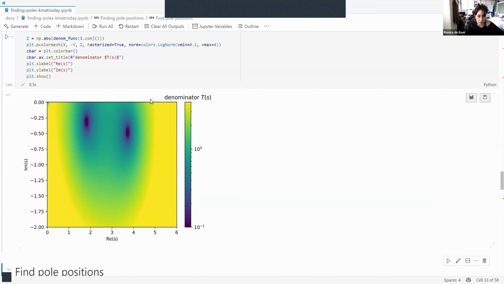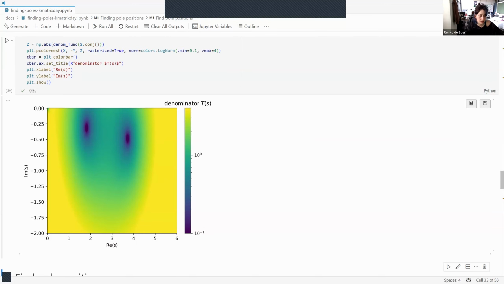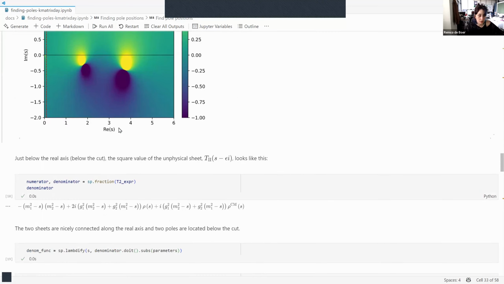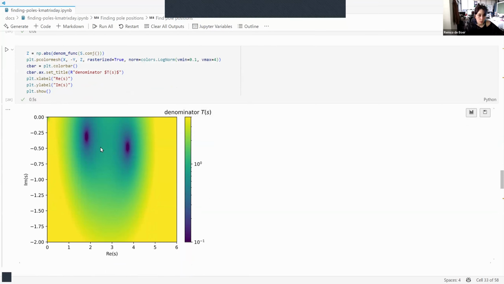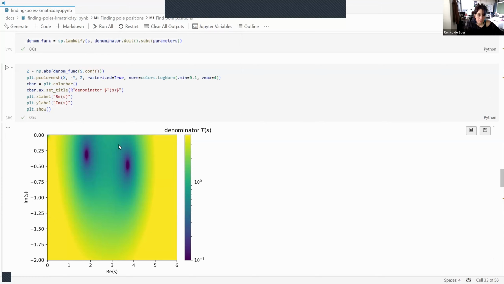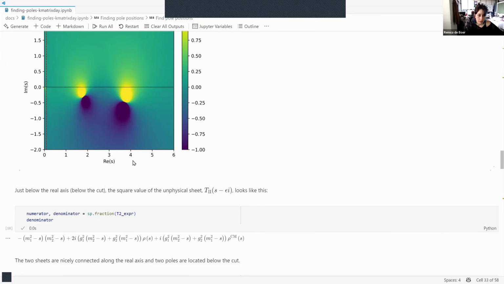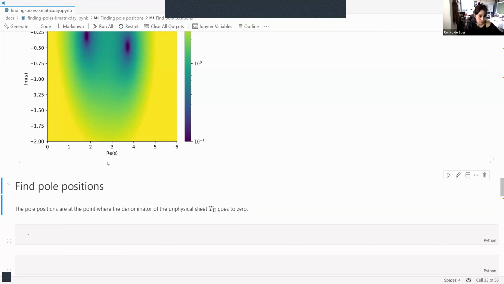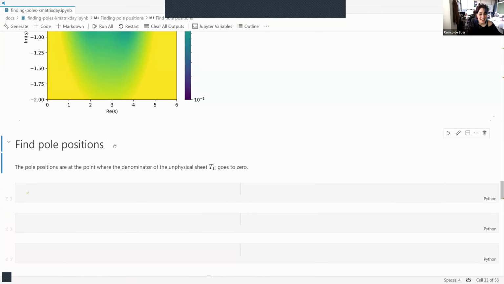The magnitude in color is equivalent to the denominator function T2. And here again, we have real and imaginary part of S. So we can compare the two plots now, and we see we have 2 points where this gets very, very small. So basically 0. And therefore, we should expect to find 2 pole positions.